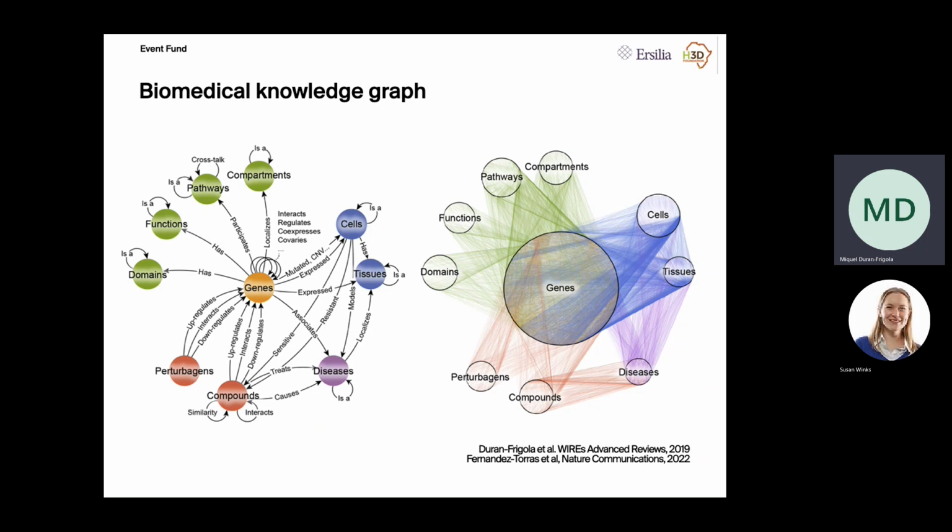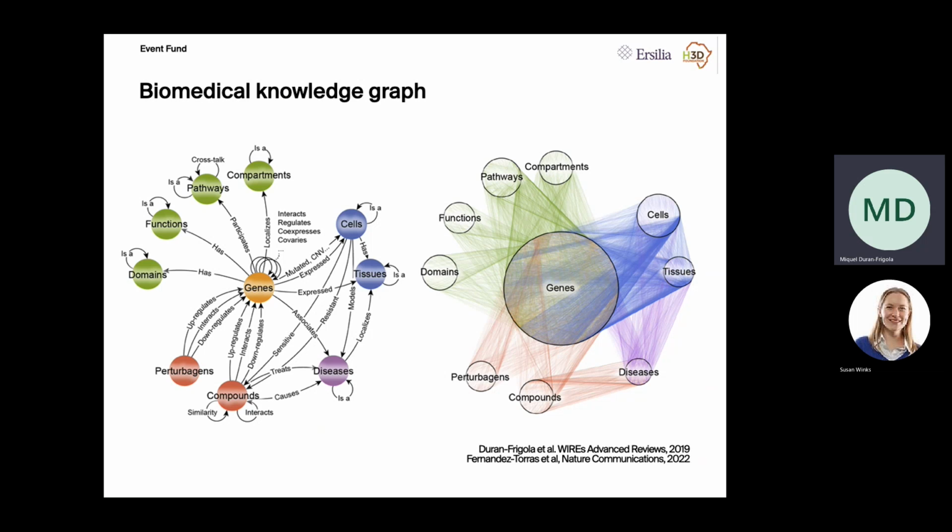And then we have different types of edges connecting those entities. For instance, we know that compounds interact with proteins. We know that genes are associated with diseases. We know that compounds can treat diseases, but we also know that compounds can cause diseases. We know that genes are expressed in cells, etc., etc. So this is a great framework of biology.